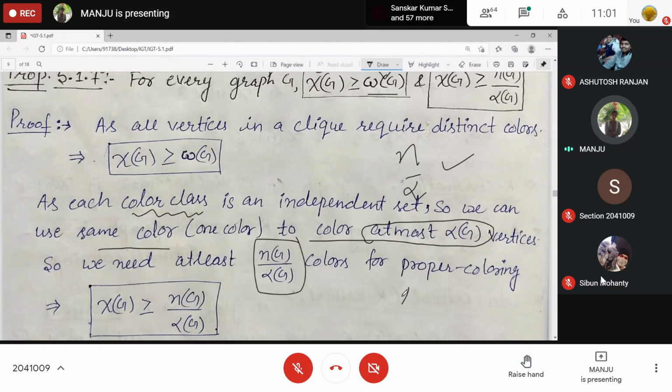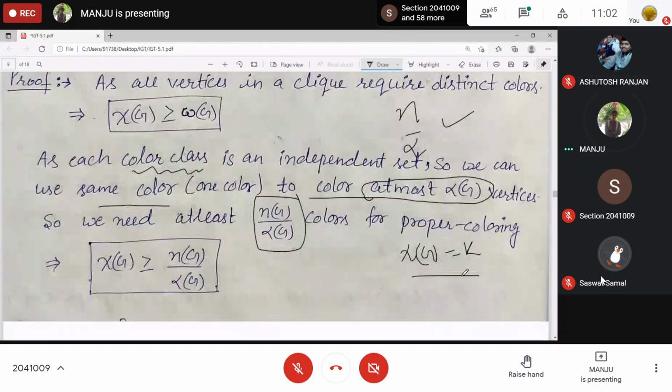Suppose chromatic number is K, and with color 1 there is a set M1, that is the set of independent vertices. We are coloring it by the first color.